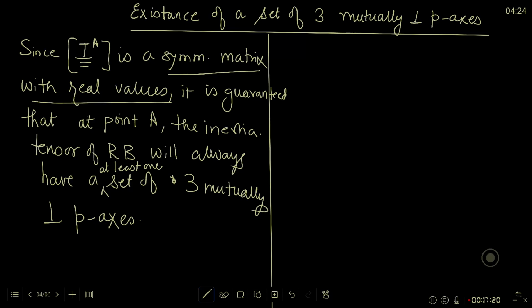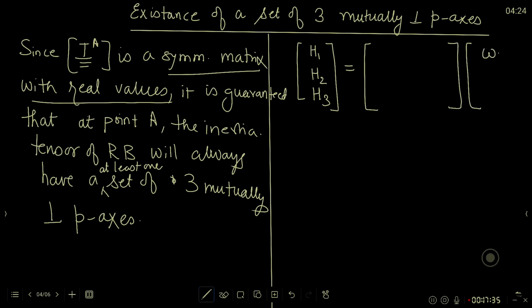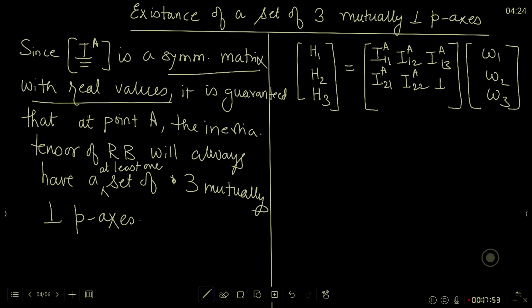Now recall that the angular momentum of an RB is expressed in terms of the inertia matrix and the angular velocity of the body. Right? This is the equation we wrote.